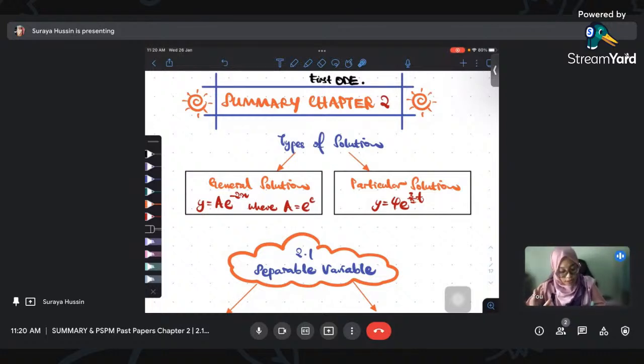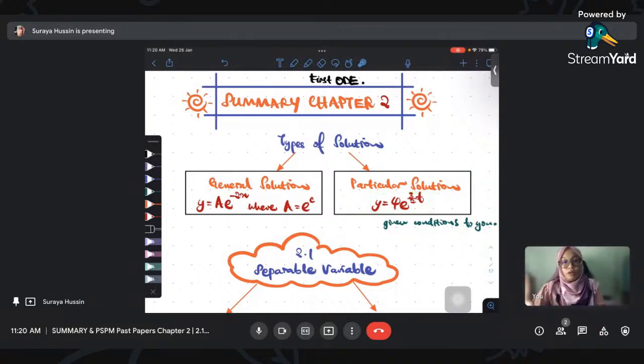Okay, particular solution bermaksud dia akan memberi kamu conditions. So whenever soalan bagi conditions, remember you must always get your answer in particular solution. Itu faham sendiri dah. Kalau dia memang dah bagi conditions, faham sendiri yang kita memang kena cari particular solution.